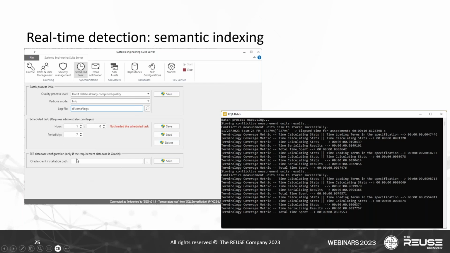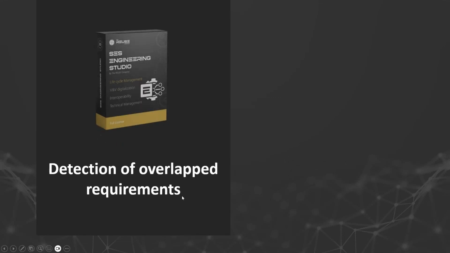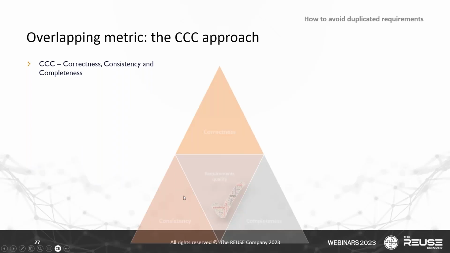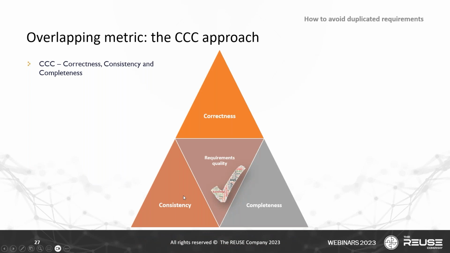In this screenshot, it is scheduled to be executed every week, every 7 days at 1 a.m. That's it, right? And this is, of course, the console responsible for this semantic indexing. So this is the first approach to have a real-time quality or real-time overlapping analysis.